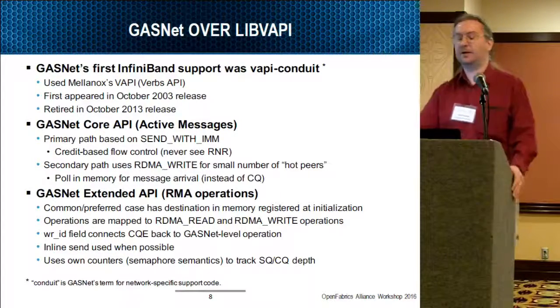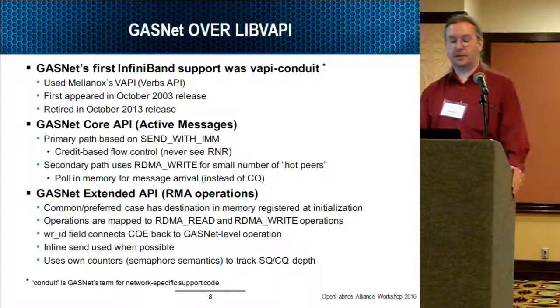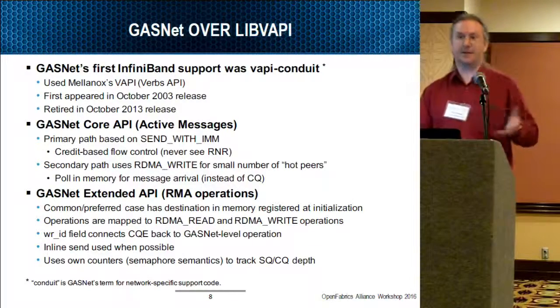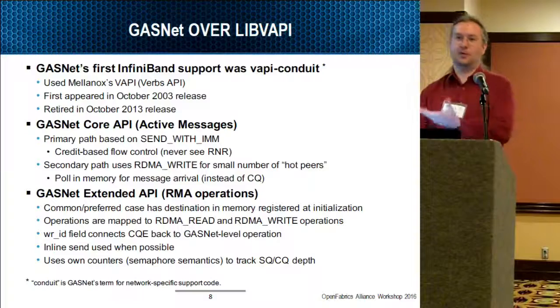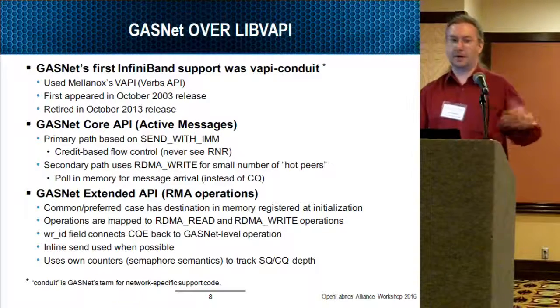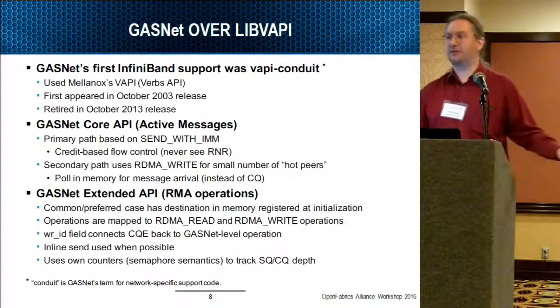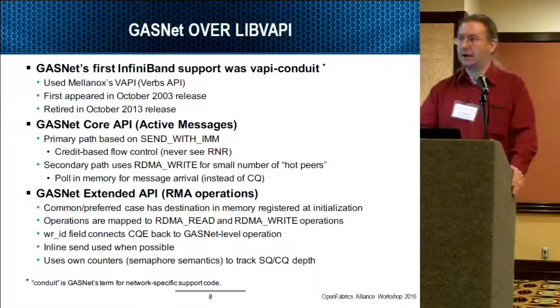And so the primary mechanism we used to implement the GASNet active messages on InfiniBand is a send with immediate operation. And the immediate just gives us a little bit extra. It takes 32 bits that would have been otherwise part of the send payload, and makes use of the fact that that header's there. We use some of our header information in that.